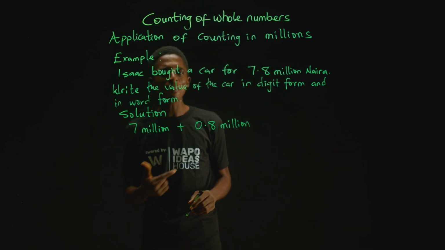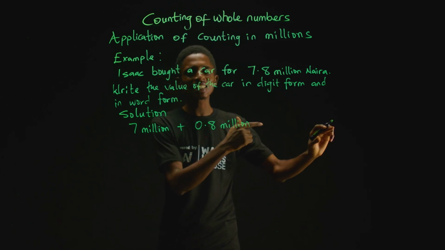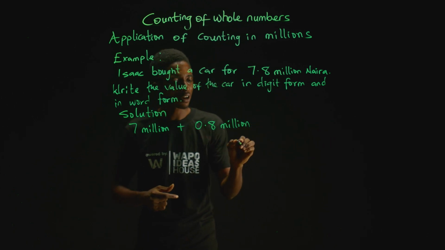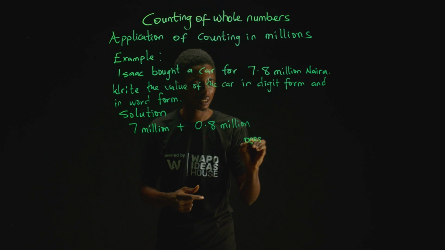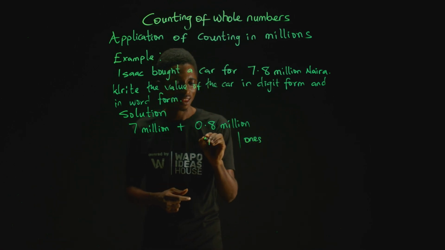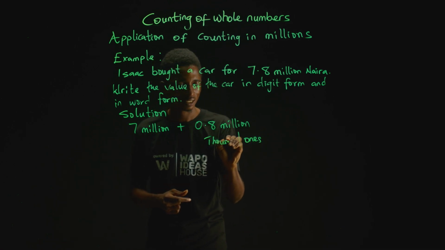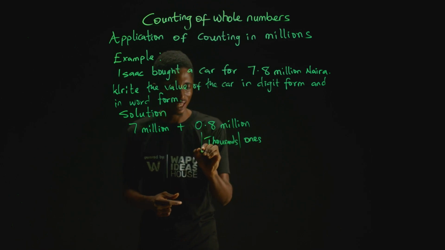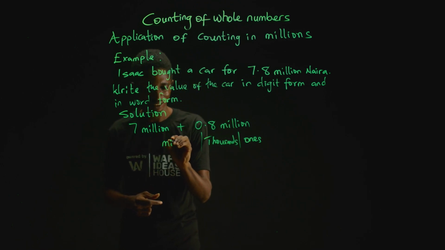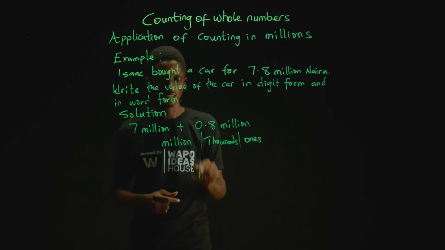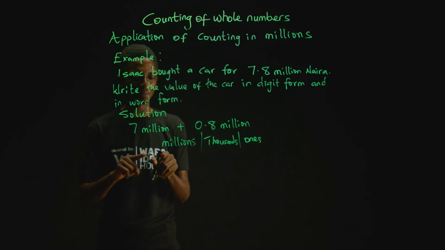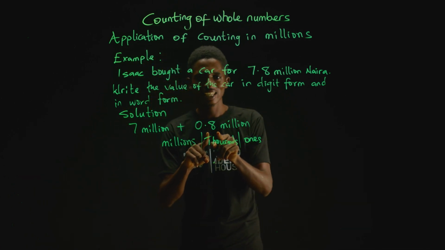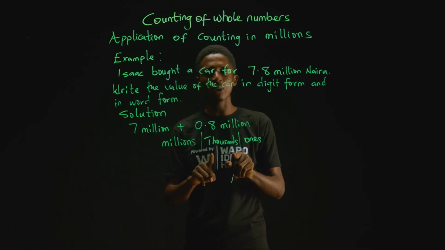And if you remember correctly, when we are writing our place values, we have our ones, then thousands, then millions. So if 7 is in millions, the 8 in 0.8 will fall in where?